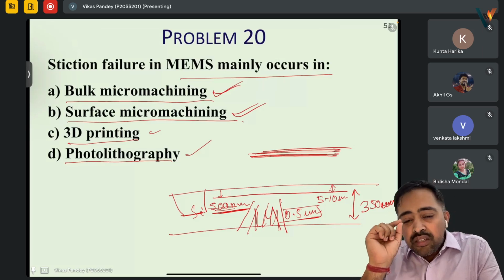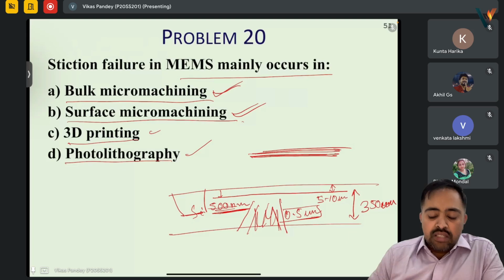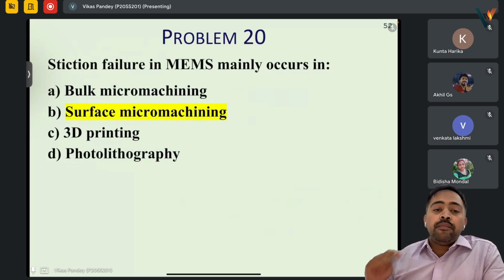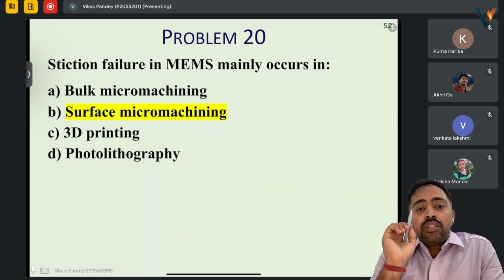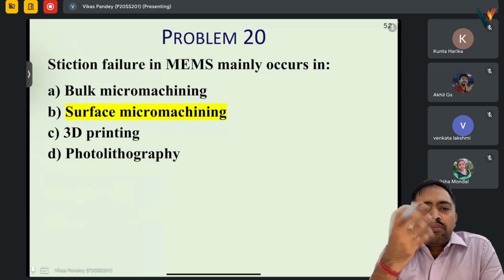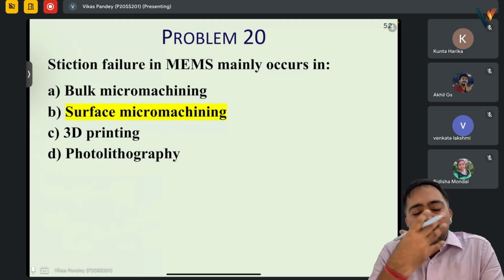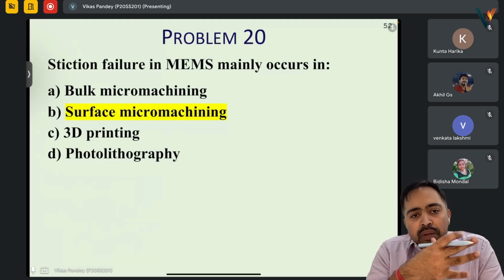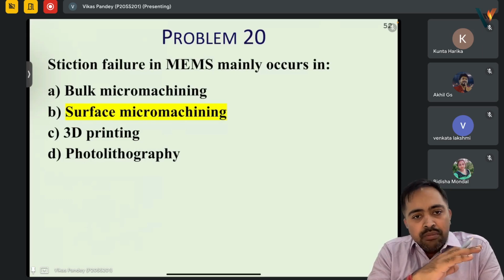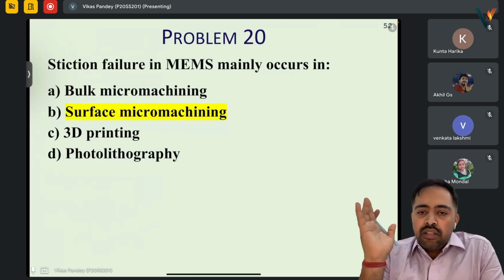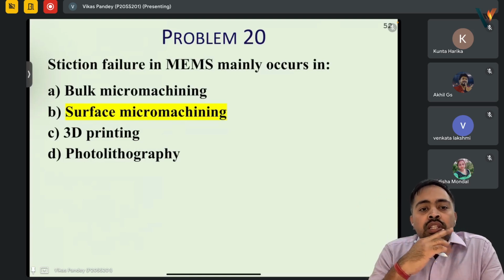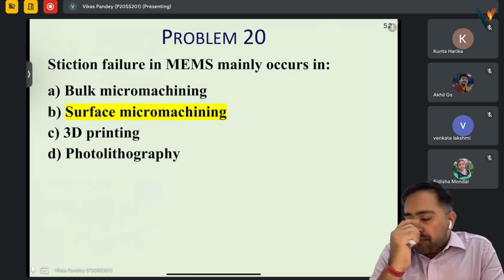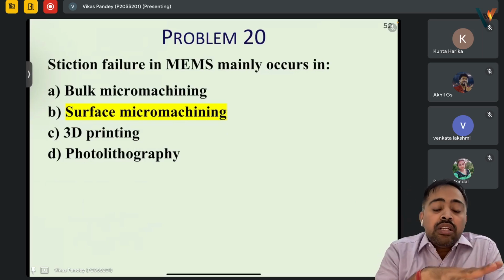The reason being, here the structures are much smaller in size, and that's why they have more chances of stiction failure. In bulk micromachining, since the structures are much bigger with a good aspect ratio, they will not suffer much from stiction failure. 3D printing is a separate thing, and photolithography is where we are making patterns on a surface.